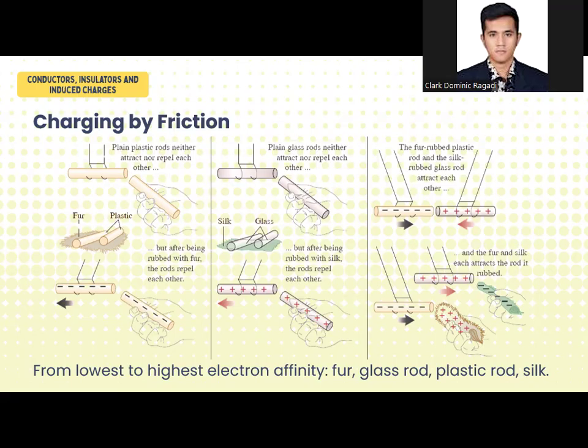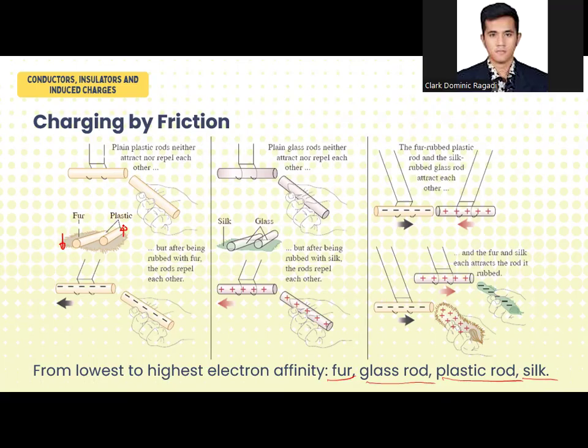But once you rub them with fur, let's take a look at these notes below. We have here the lowest to highest electron affinity. From the lowest, we have fur, followed by the glass rod, and then plastic rod and silk. So our fur has low electron affinity, while our plastic rod has relatively higher electron affinity.